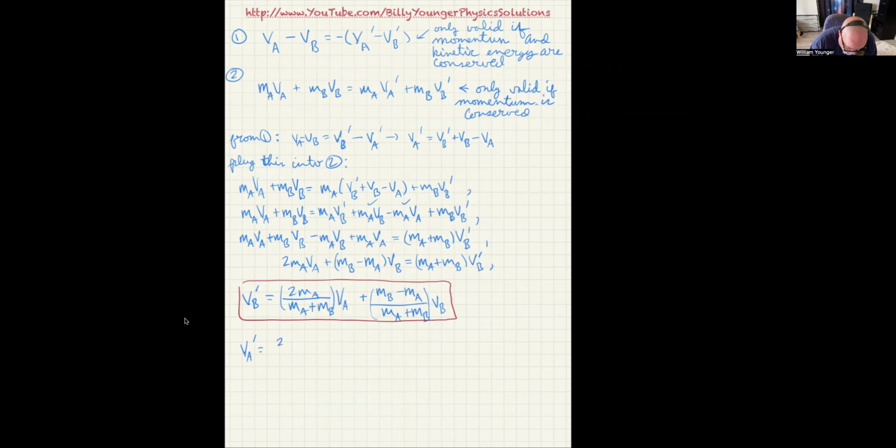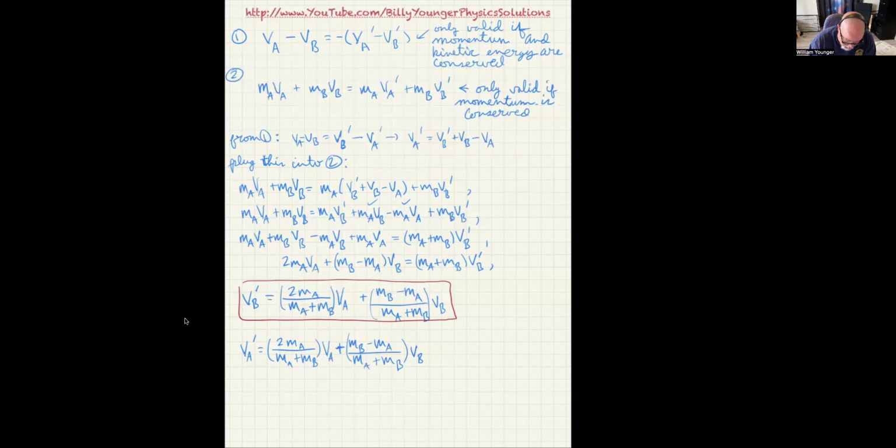So I'm going to go ahead and write down 2MA over MA plus MB times VA plus MB minus MA over MA plus MB. I can put parentheses around that too, and that'd be VB. So in this equation, I've only accounted for the VB prime. Now I've got to do plus VB and minus VA.